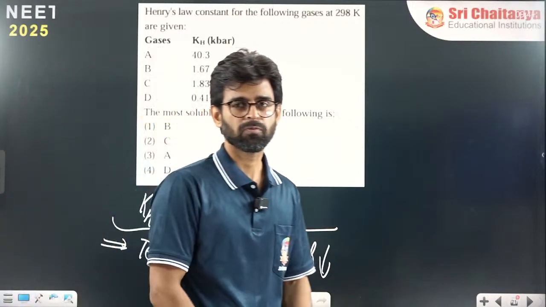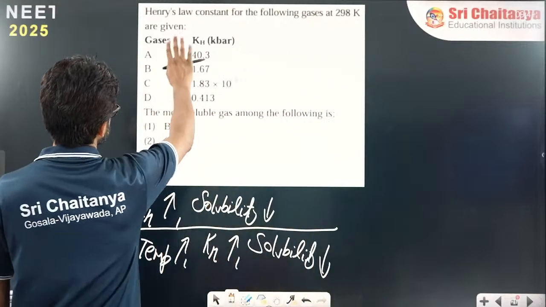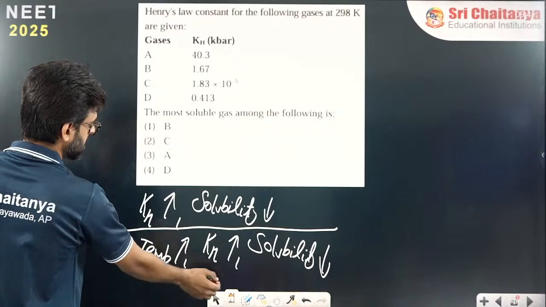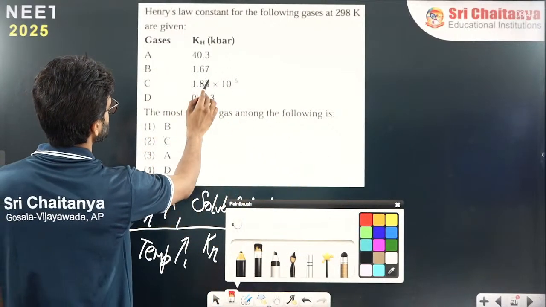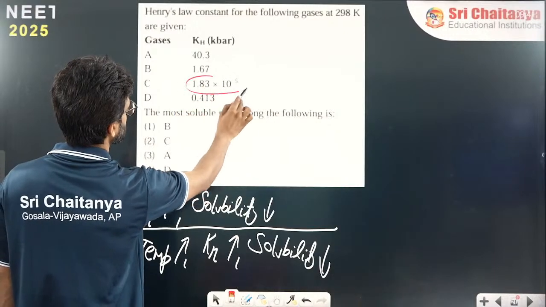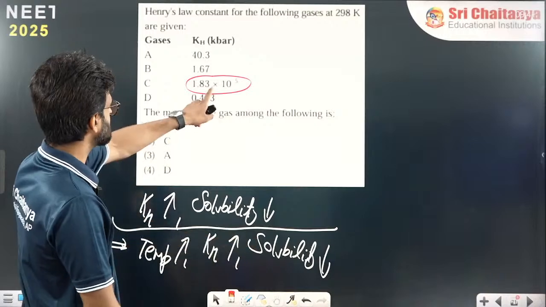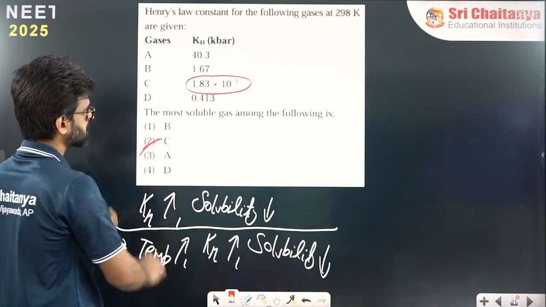Solubility. Fine. Got the point? So in this case you see they gave the values here. So which of these is most soluble? I have to check which of these has the lowest value of Kh. Okay, the Kh value is lowest here, 1.83 10 to the power minus 5. Right? Very less value of Kh. That's why maximum solubility. Clear?